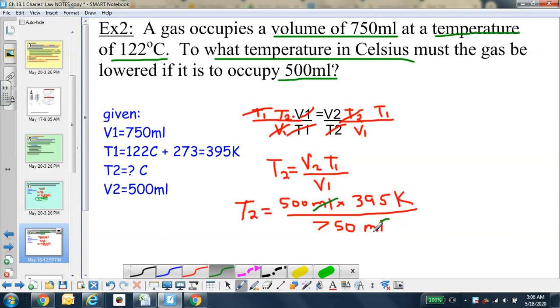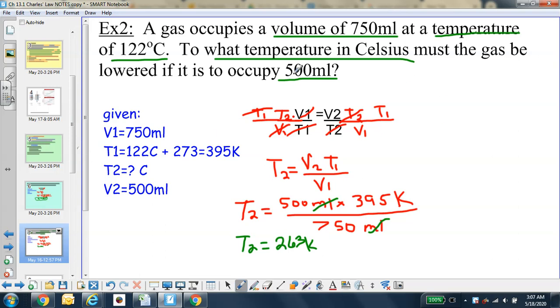Okay, the milliliters cancel. We're left with Kelvin, 500 times 395 divided by 750. Comes out to be 263 Kelvin.